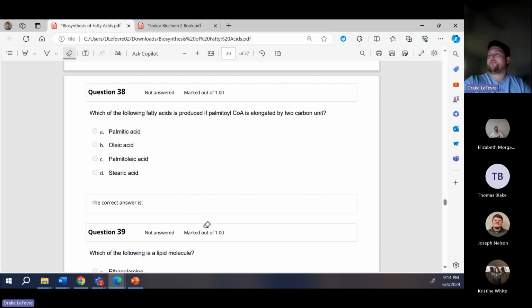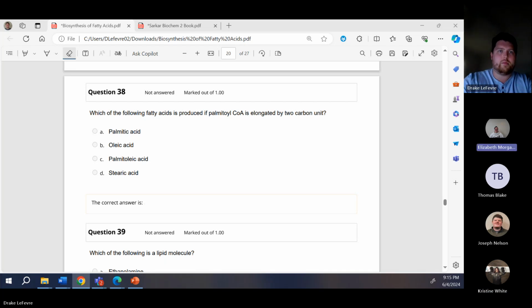Which of the following fatty acids is produced if palmitoyl-CoA is elongated by 2 carbon units? Remember, palmitic acid is how many carbon units? 16.